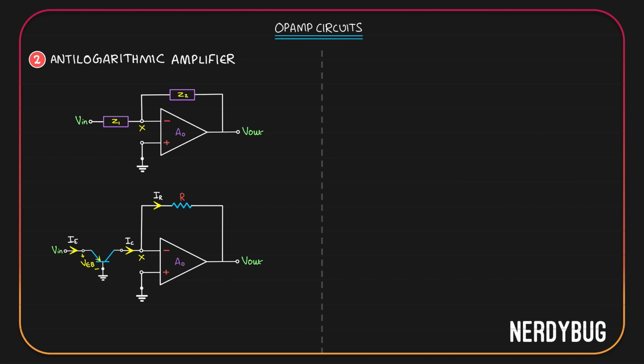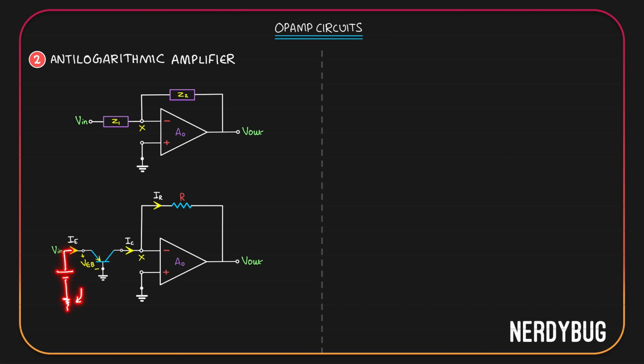Now, if we apply Kirchhoff's voltage law in this loop, we should get V in is equal to VEB. Or is V in equal to negative of VEB? We had this confusion before also. What did we do? We replaced the potential with a cell of the same potential. So here I will replace V in with a cell of potential V in. Now even the loop is clearly visible.